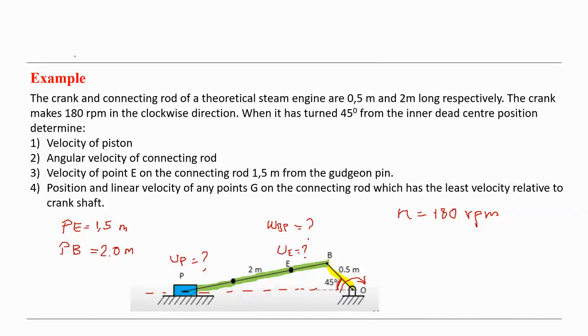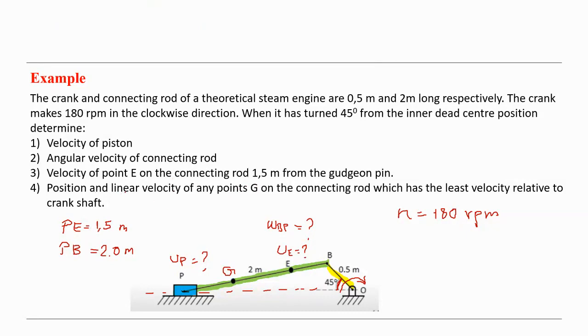The next one is the position and the linear velocity of any point G on the connecting rod. This must be G here somewhere. Let's say G, we don't know the position for the time being.